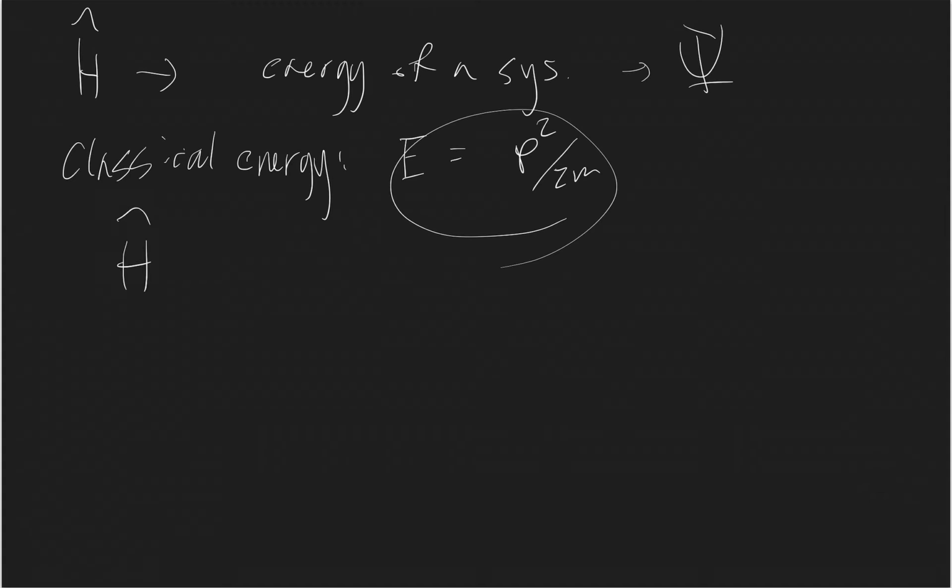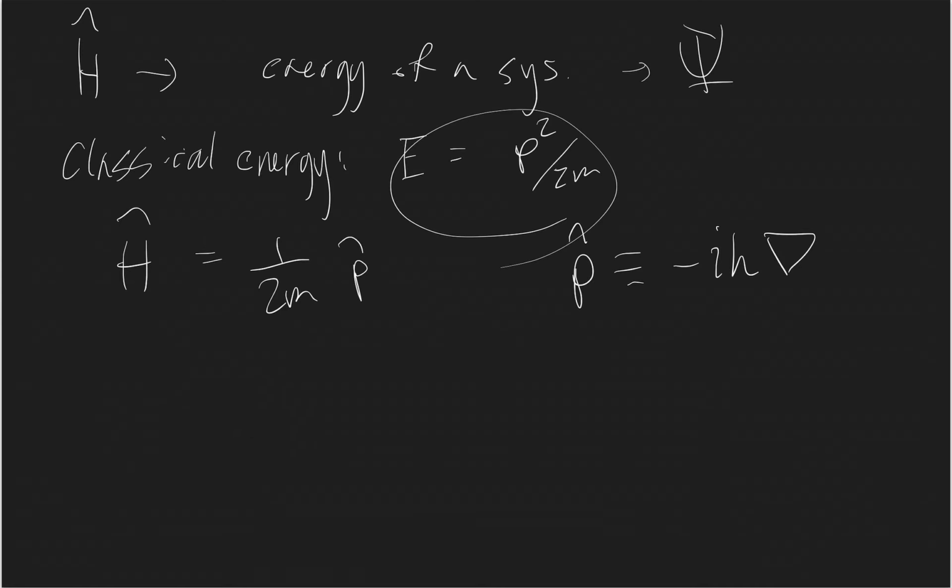So what we would just say here is that the energy level of a system, or the Hamiltonian, should be 1 over 2m times the momentum operator p, which we defined previously as negative i h bar times the spatial derivative, or nabla.